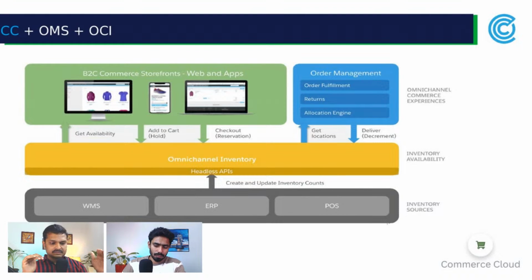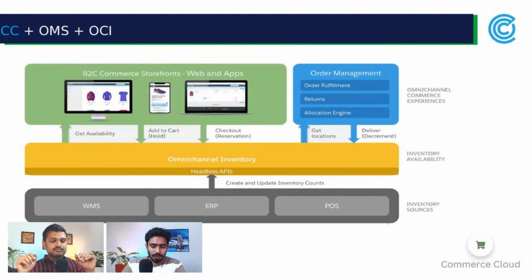So it's very simple. You are placing an order in the website, the inventory will be reserved in the Omnichannel Inventory, and then the order will go to the order management system. The order management system will fulfill the item and decrement the inventory in the Omnichannel Inventory, because your item is fulfilled and delivered. So obviously we need to update the inventory here.